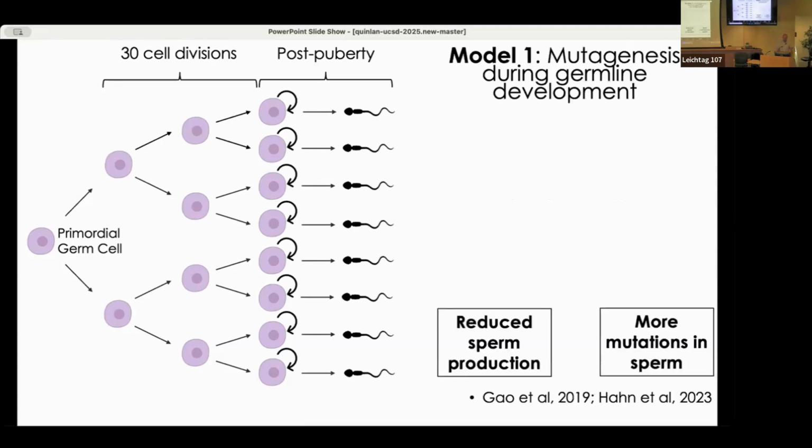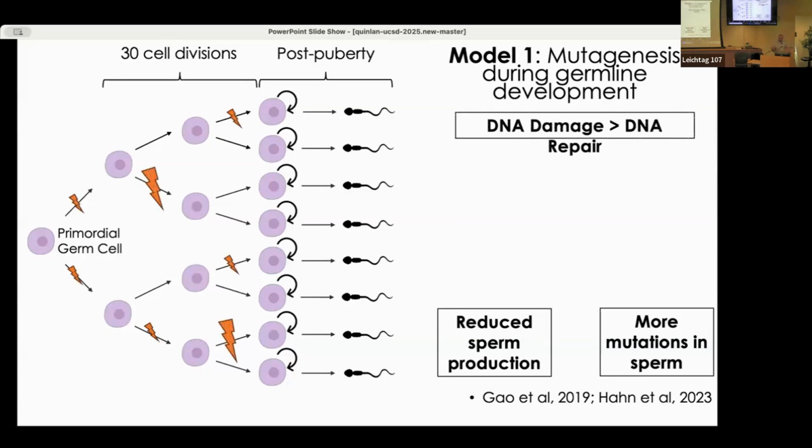So one model that we're considering is that there's elevated mutagenesis during the establishment of the germline. I don't think Joe's here, but Joe Gleason has some really beautiful papers on this early mutational load in the specification of the germ cell lineage. One hypothesis is that the rate of DNA damage, or the capacity to repair that damage, is worse in these subfertile men from the very beginning.